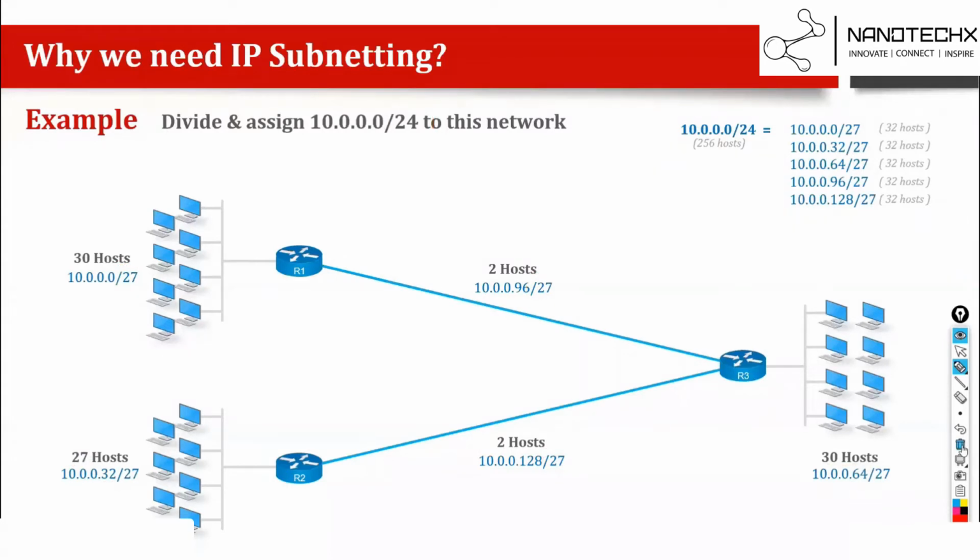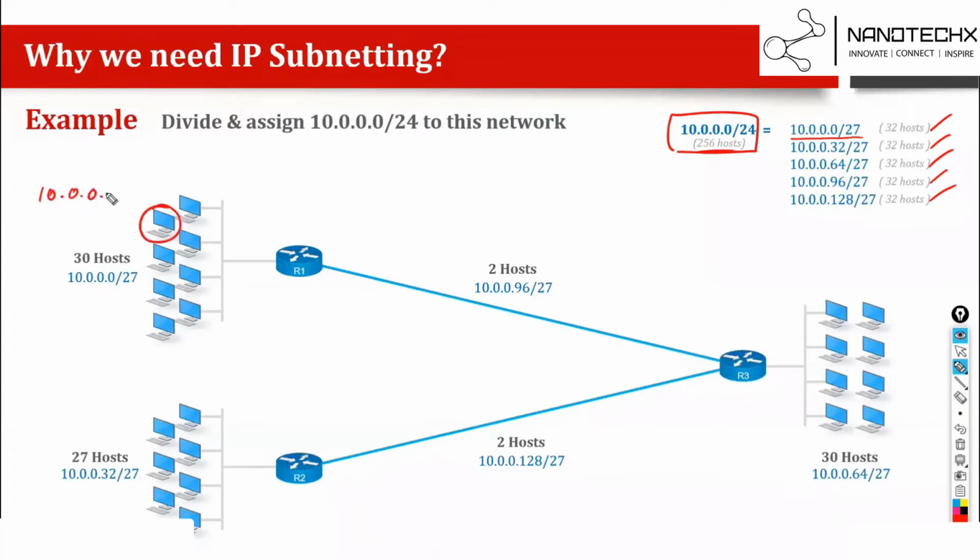So it means it was 10.0.0.0/24. Total 256 addresses were there. What we have done is given 32, 32, 32, 5 times. We divided it into 5 subnets. The first subnet, 10.0.0.0/27. It means this will start from where? The first computer will have an IP address 10.0.0.1, because .0 cannot be assigned.